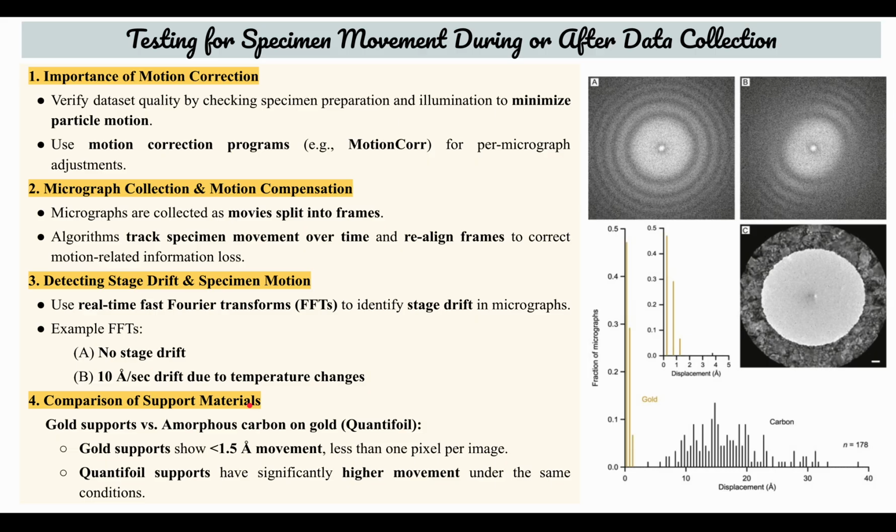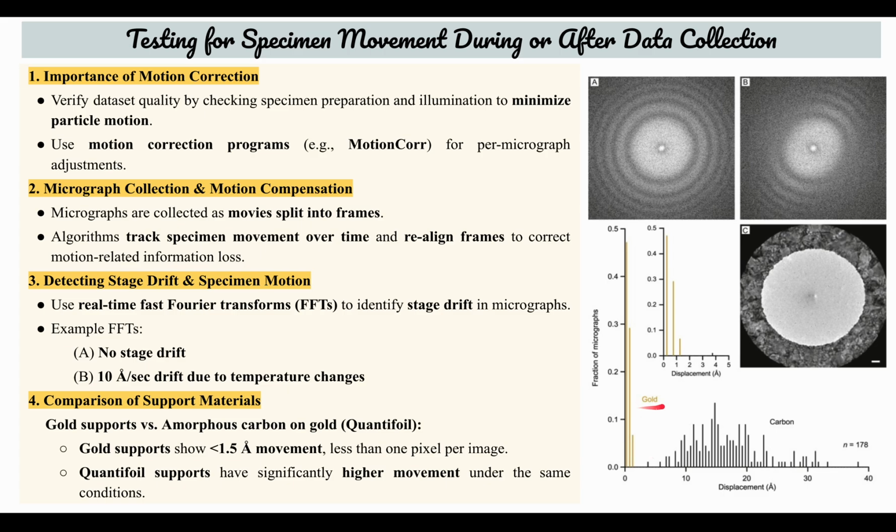Now, a comparison of support materials: gold support versus amorphous carbon on gold, which is known as Quantifoil. We can see the displacement, which tells you how much motion or drift is taking place. If you use gold support, then this displacement is very low, less than 1.5 angstroms, which is less than 1 pixel per image.